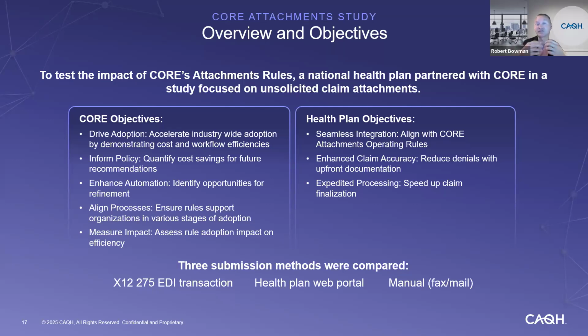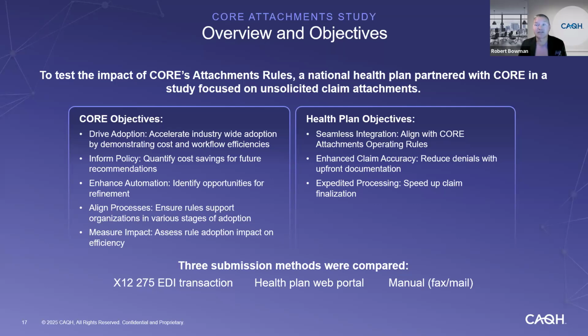Did it help reduce denials, especially if it was an unsolicited transaction that came in with a solicited 275? It really helps when they both come in together, so you don't have to wait for the request for additional information and then the provider sends it. You've already lost probably 10 days in that cycle, or more, depending upon your adjudication cycle. Also part of the process was to speed up the claims finalization process to make sure the claims get paid more quickly.